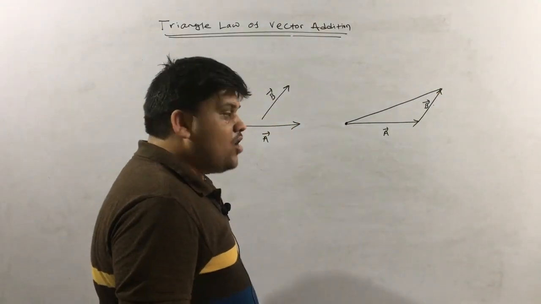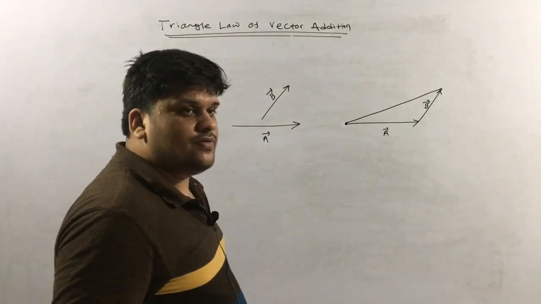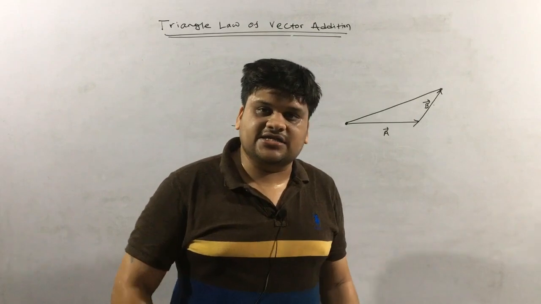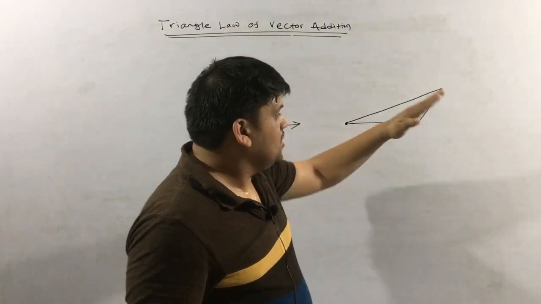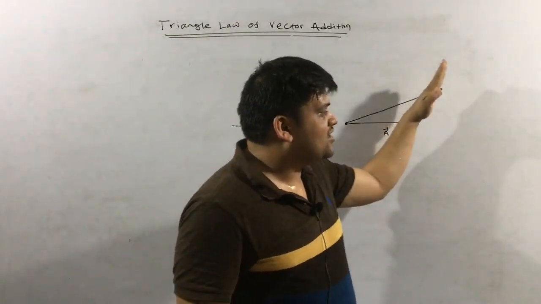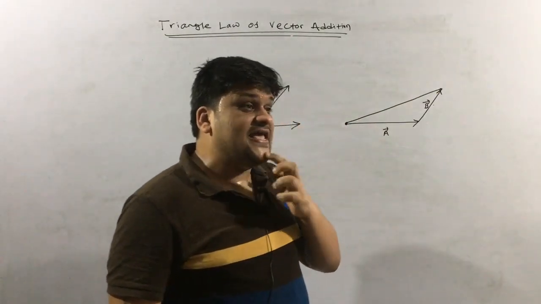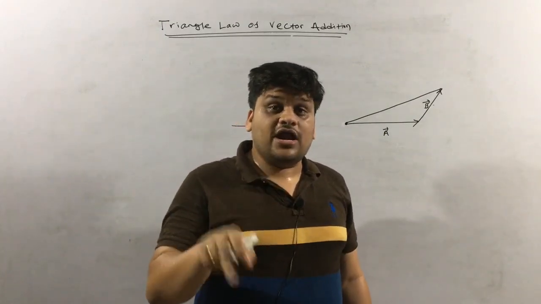Now see what is the order of A vector and B vector. Order does not mean direction, remember. It is clearly seen that A vector and B vector have different directions. A vector direction is this, B vector direction is this. But they are in the same order. Order means clockwise or anti-clockwise.